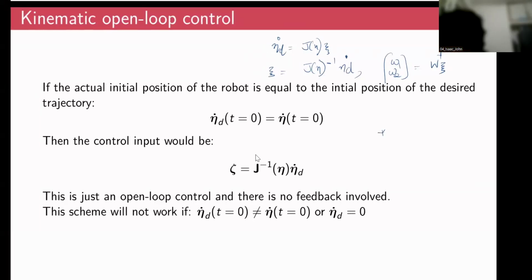For example, if I consider this as the desired start position, and if you have a desired end position, this eta vector would define a trajectory from the start position to the end position. I'll call this eta desired dot as a function of time.